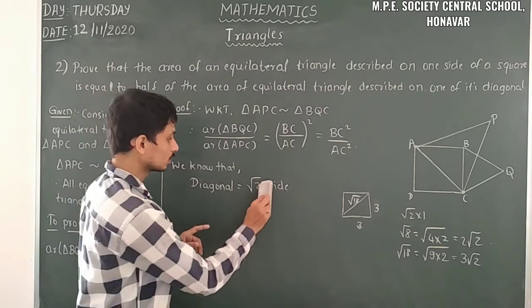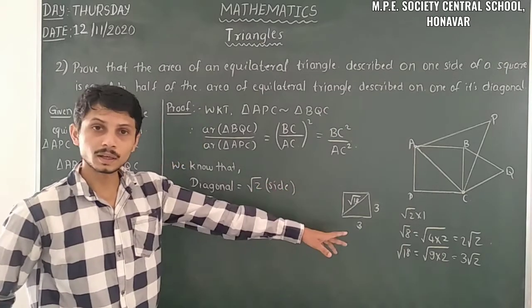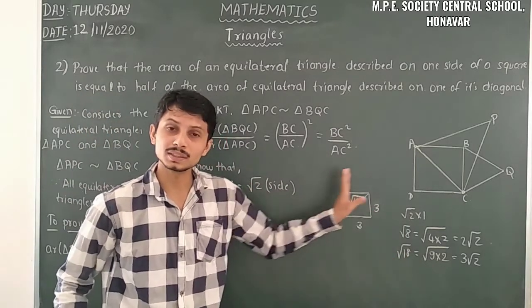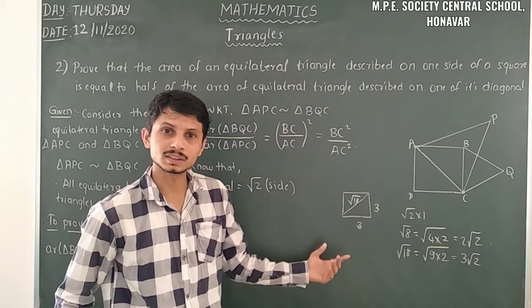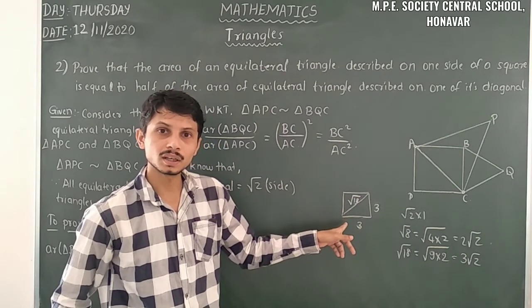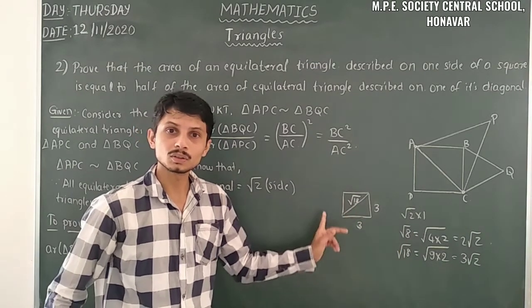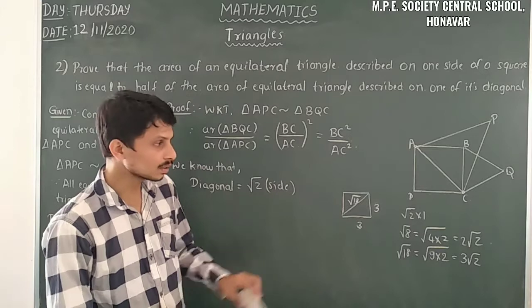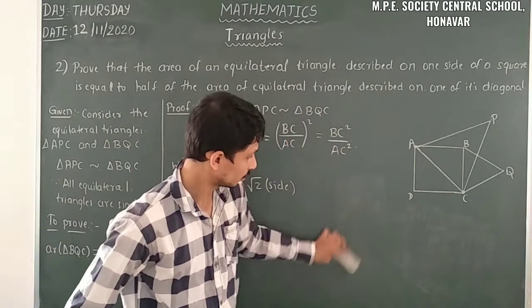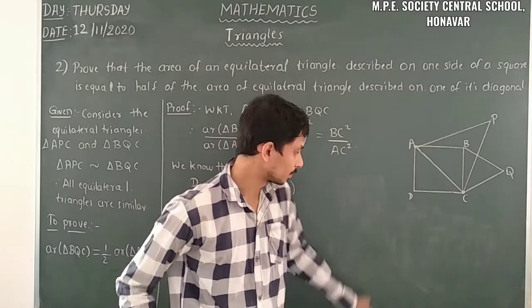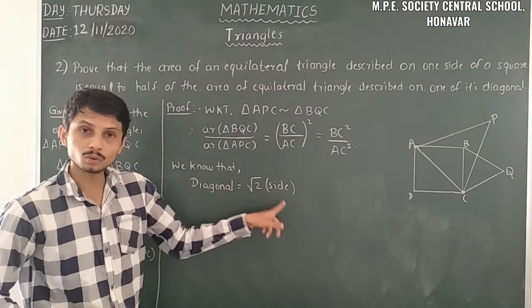From this relationship, from this example, we can take 4 and 4. 4 square plus 4 square, 16 plus 16, 32. 32 means 16 into 2, which is 4 into root 2. That is root 2 into side. So whatever the term we have, here it is true, so we can use that here. So we have diagonal is equal to root 2 into side.